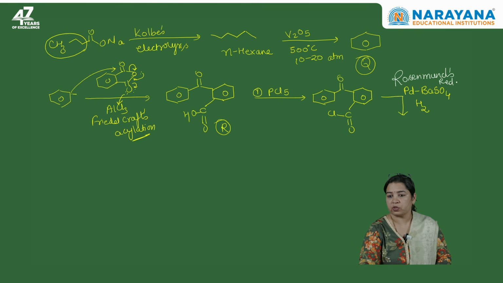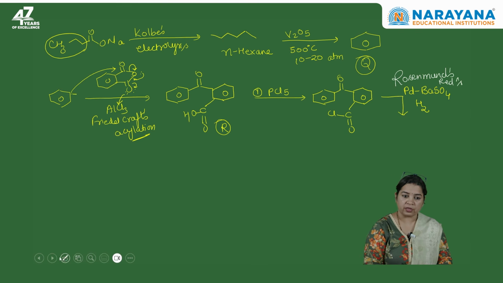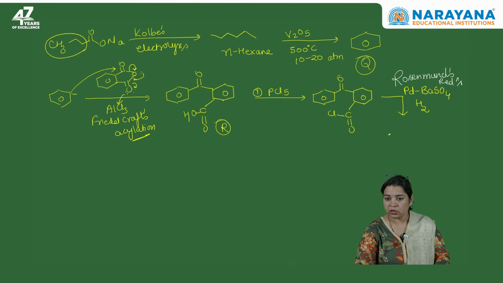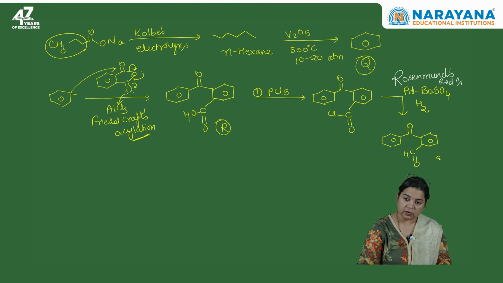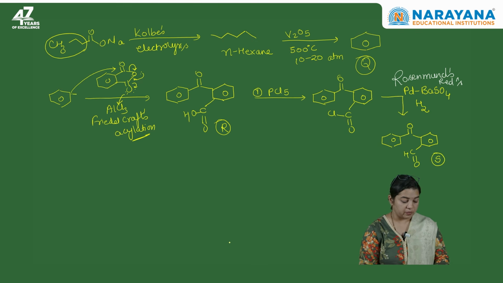Right? It is the Rosenmund reduction reaction. So Rosenmund reduction reduces acid chloride only, not ketones. Ketones remain as such and acid chloride is converted to aldehyde. This is our structure of S.